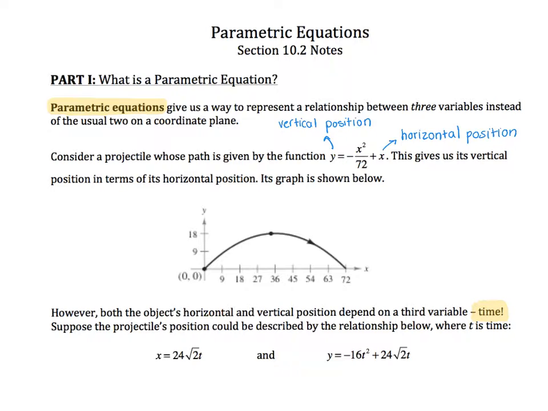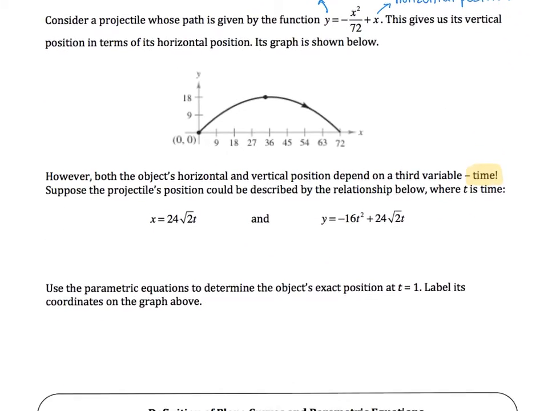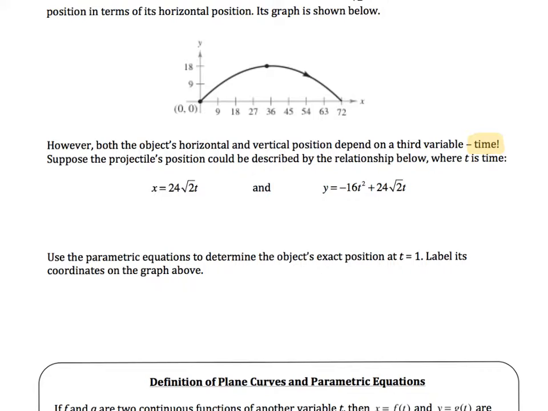All right, so let's now suppose that we know that the projectile's position can be described using these two equations. The first describes horizontal position as a function of time, and the second describes its vertical position as a function of time. So those two equations are a set of parametric equations. And parametric equations will usually be given in a set, because if you only need one equation, you probably only have two variables, barring any multivariate business.